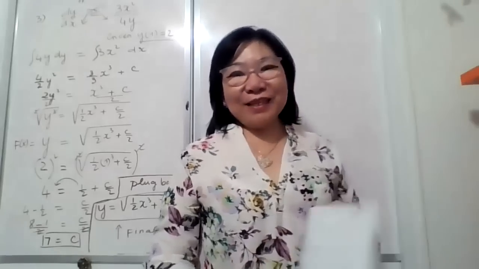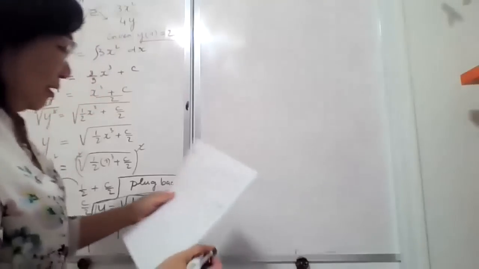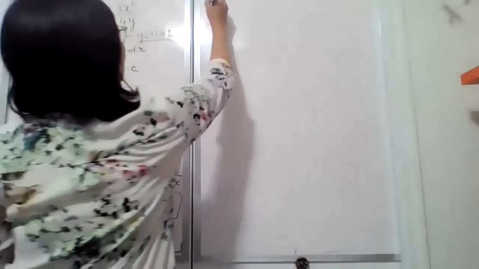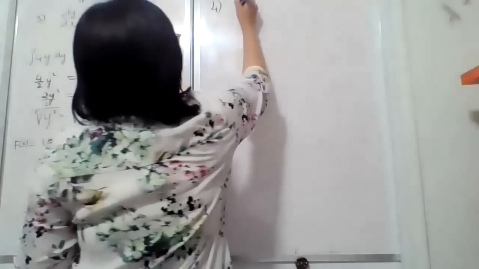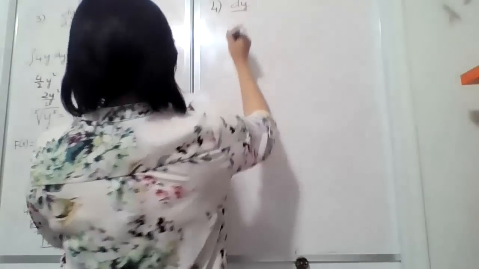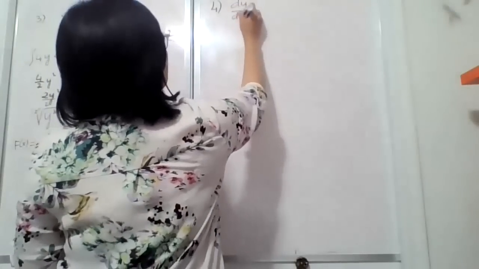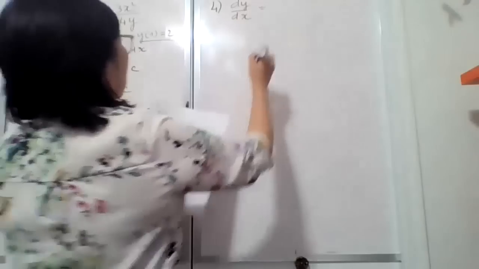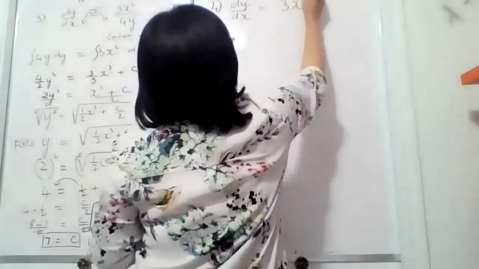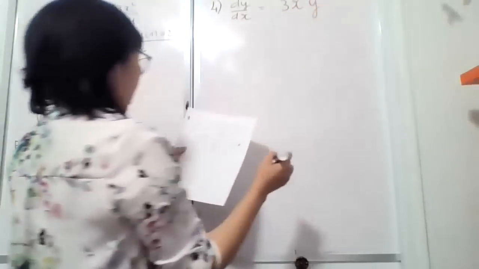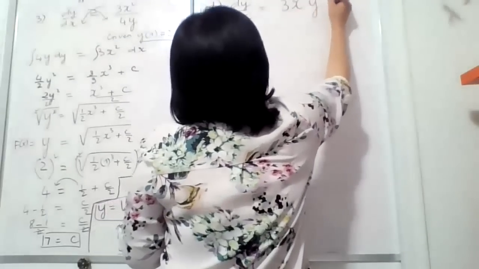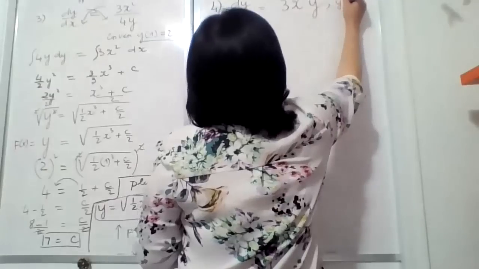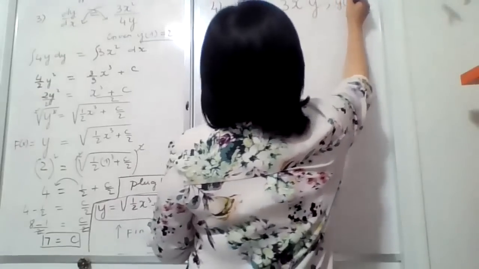Okay, so let's give you number 4. Number 4 is, say, dy over dx equal 3x squared y, given y of 2 equal 1.